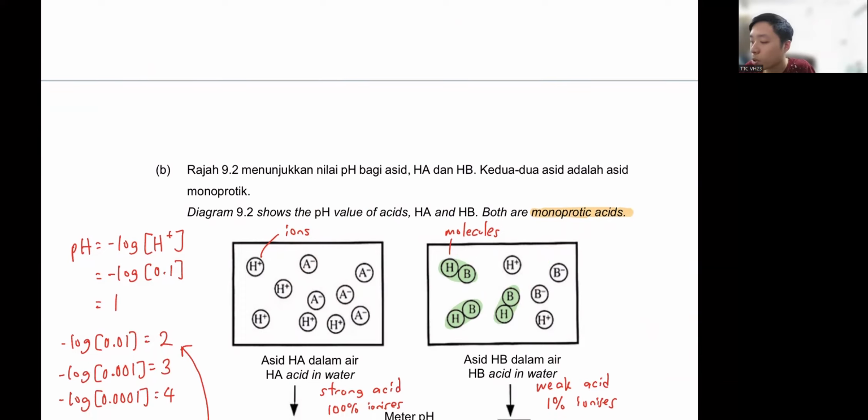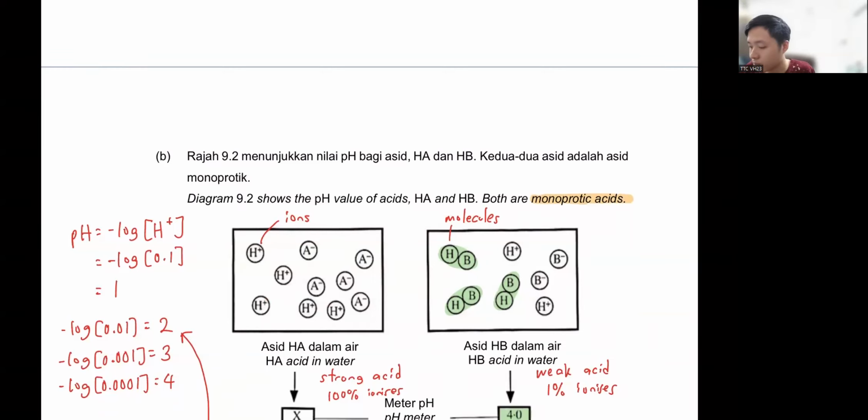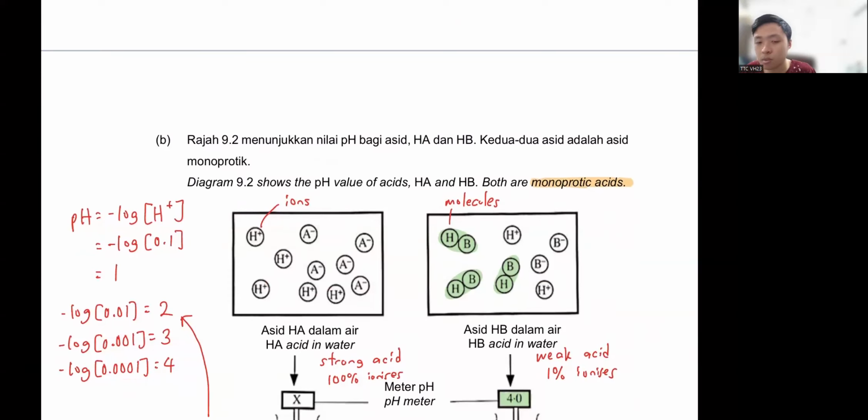So monoprotic, it can't be H2SO4. They ask you to suggest what acid. This one is a strong acid with 100% ionized. This one is a weak acid with around 1.3 or 1.5 percent ionized.